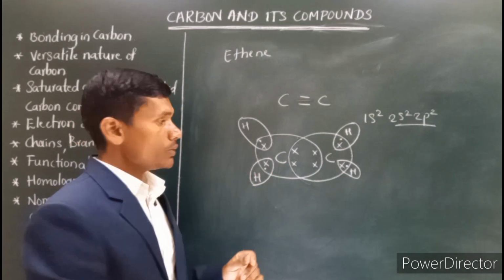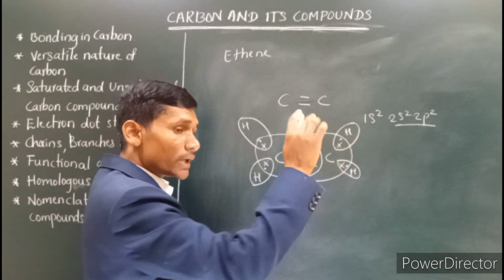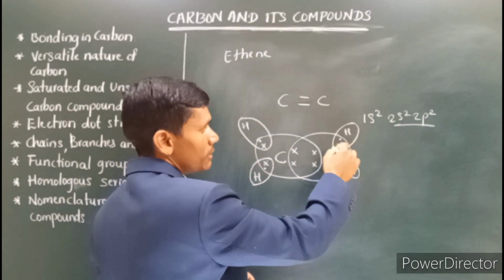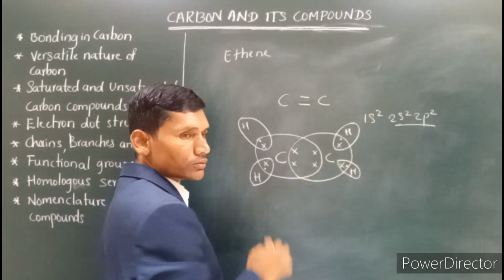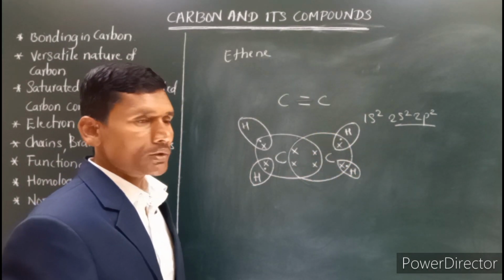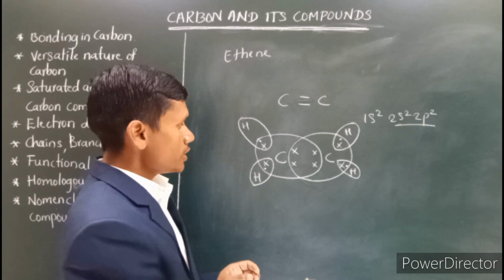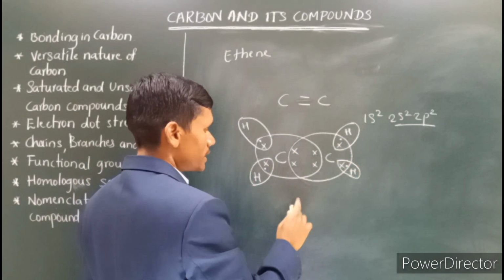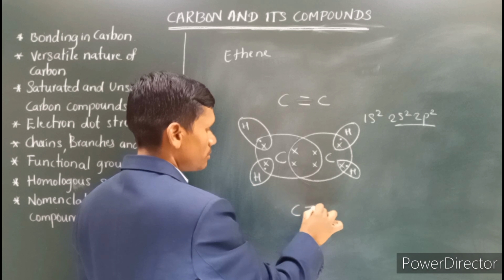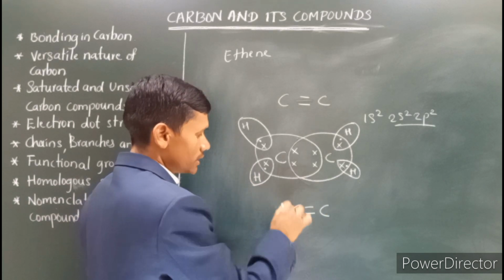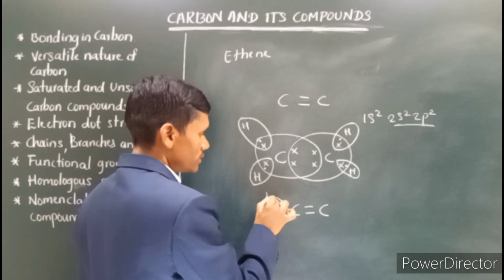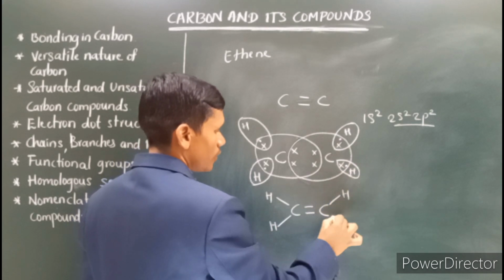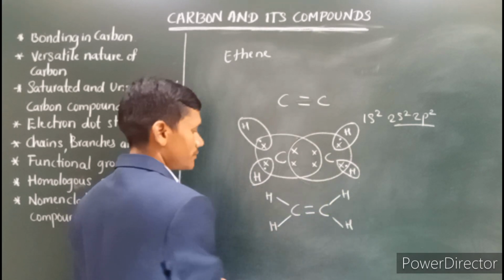Not only that, even hydrogen has 1s2 capacity, so both its electrons are filled. By sharing, it has got a 1s2 electronic configuration, a completely filled outermost orbit. Since there are 2 electron pairs shared, there will be a double bond between the carbon atoms, with one hydrogen here and one hydrogen there.